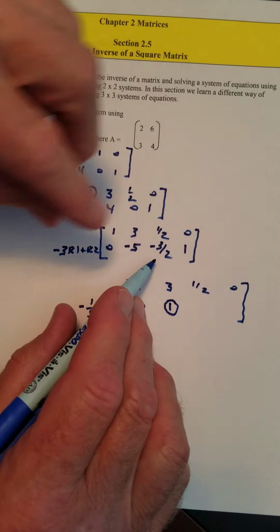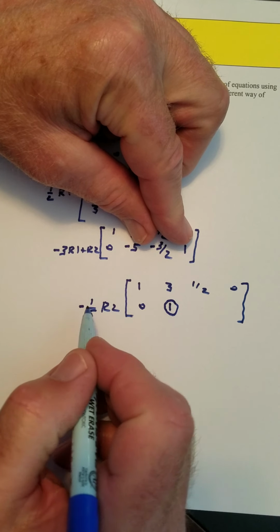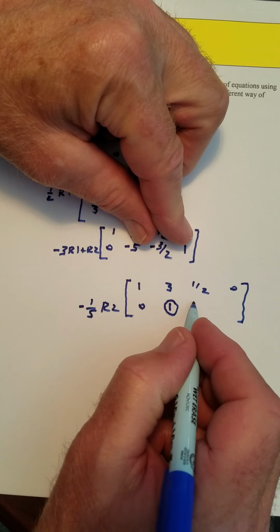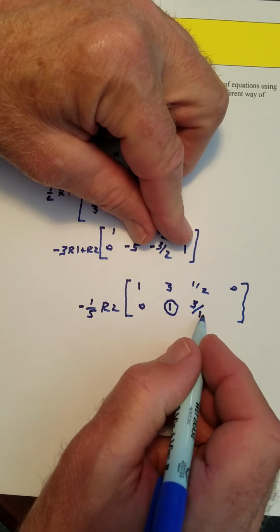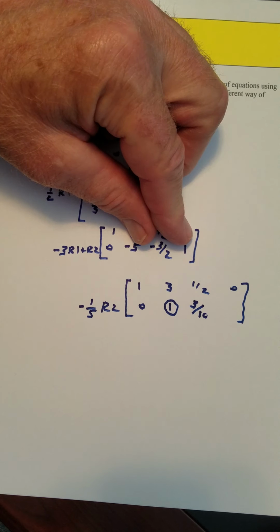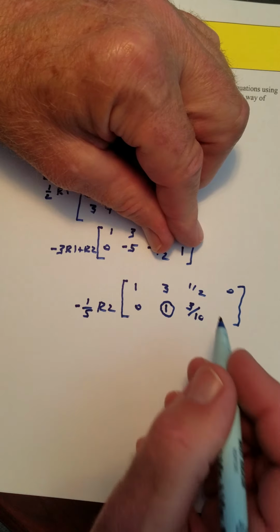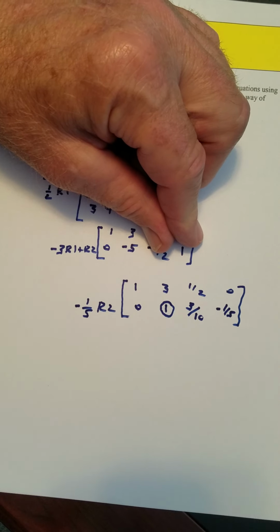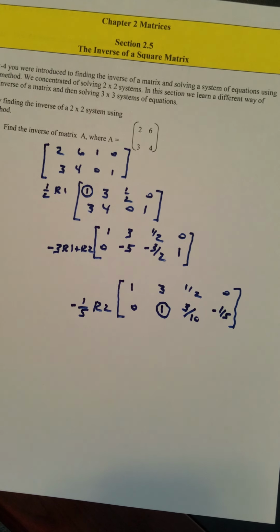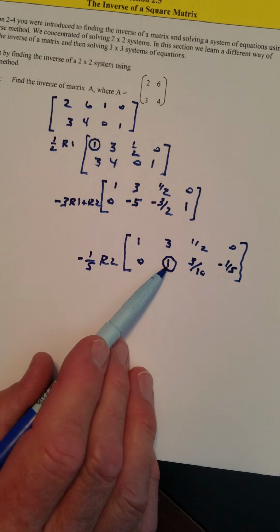-1/5 times -3 halves. So the negatives drop out. 1 on top times 3 is 3. And 5 times 2 on the bottom is 10. So I got 3 over 10. And then -1/5 times 1 is -1/5. So at this point, I got the 1, I got a 0, I got a 1.